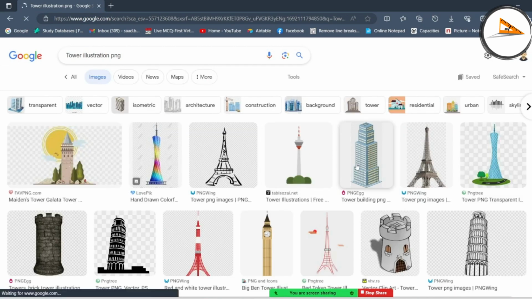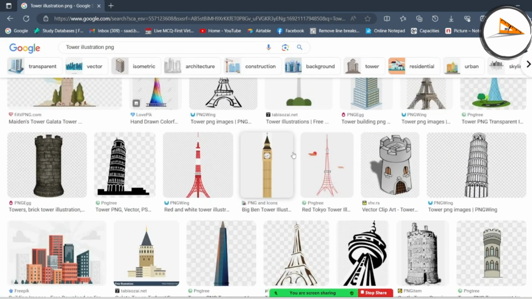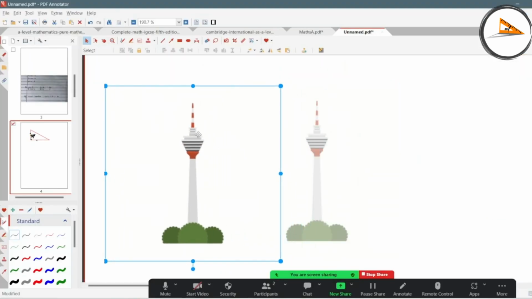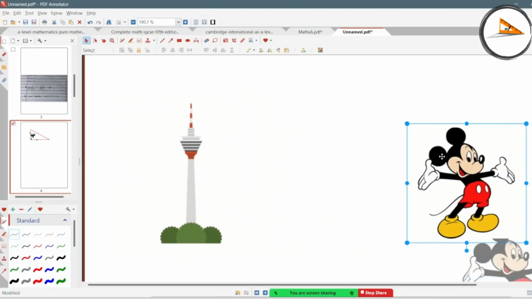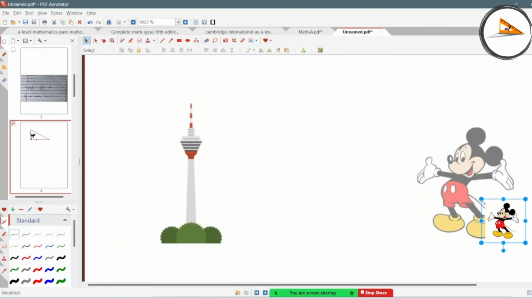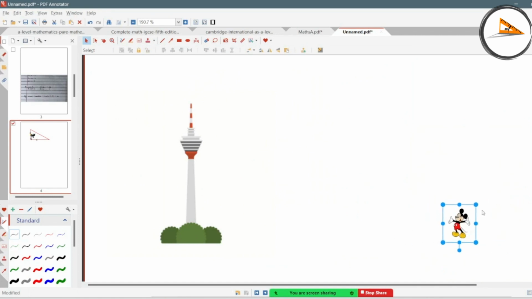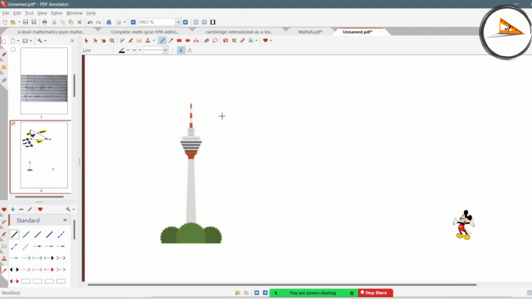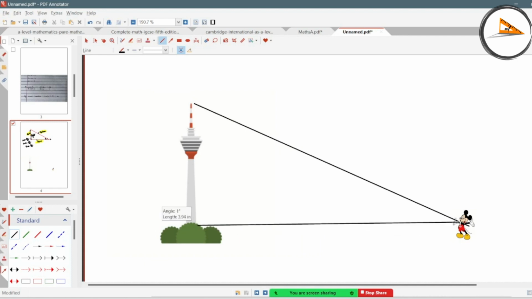So let me give you a quick example. Think about this tower. Think about someone a little away from this tower, looking at the top of the tower. The question will give you some information. That distance from the tower is, for example, 20 meters.